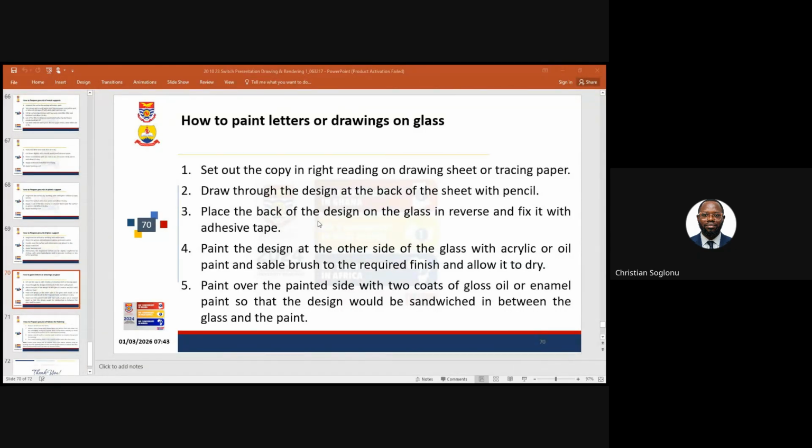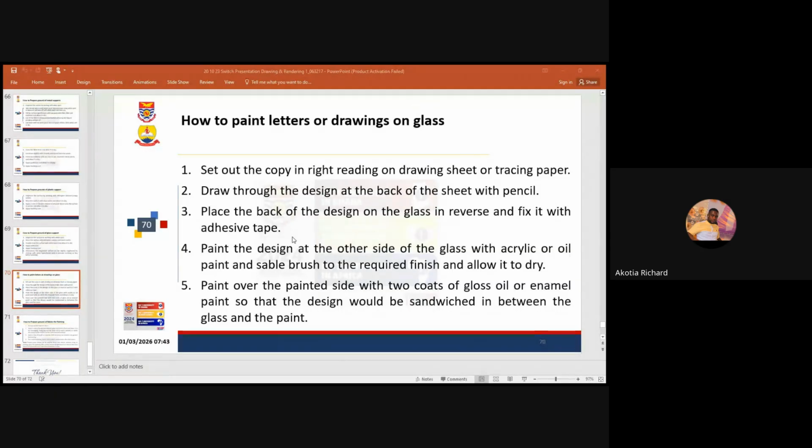Place the back of the design. So from here, I am saying that you are going to first do it in the right reading direction, that is the normal way we write. Then afterwards, you turn it around, then you trace it like Kofi from the back. When you write it in front, it will appear at the back, somewhat faint. Then how it will appear at the back, you trace it also from there.